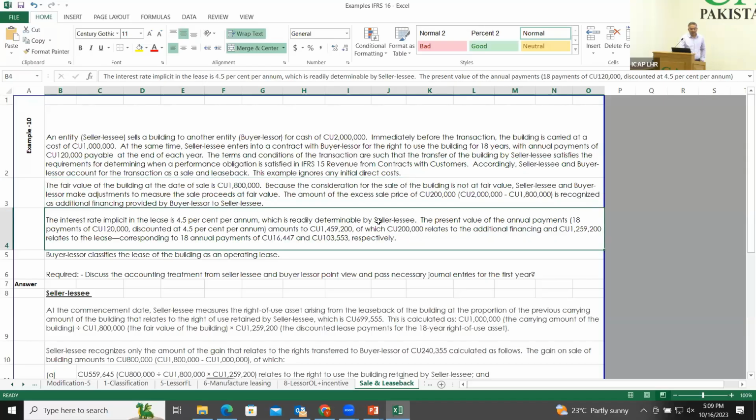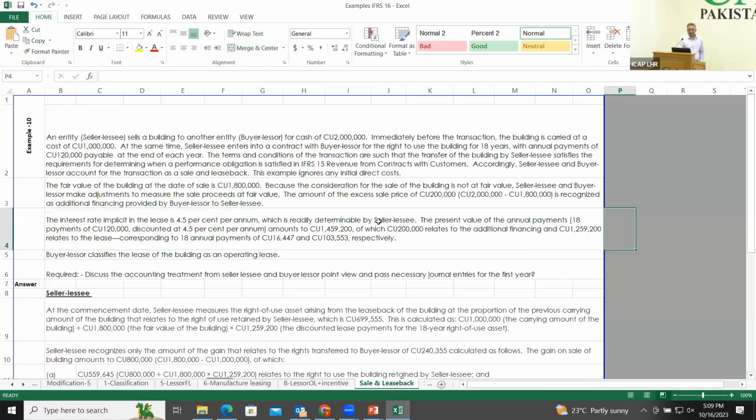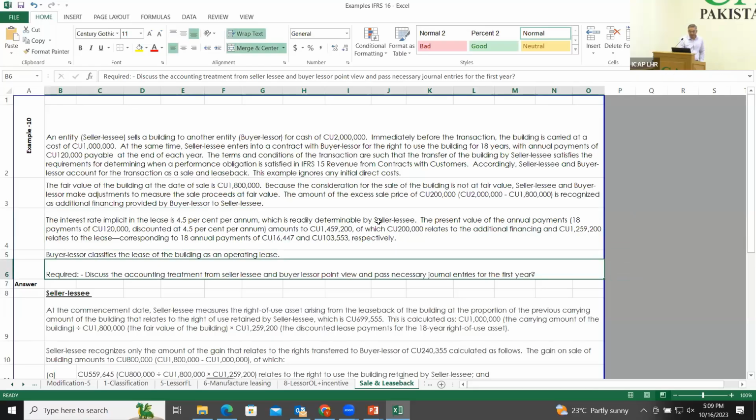The interest rate implied in the lease is 4.5% per annum, which is readily determined by the seller lessee. The present value of the annual payments, 18 payments of 120,000 discounted at 4.5% per annum, amounts to 1.4 million, in which 200,000 is basically your loan. So the lease liability is 1.2 million, which is the present value of the lease liability.